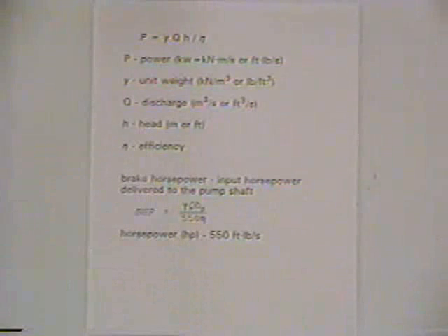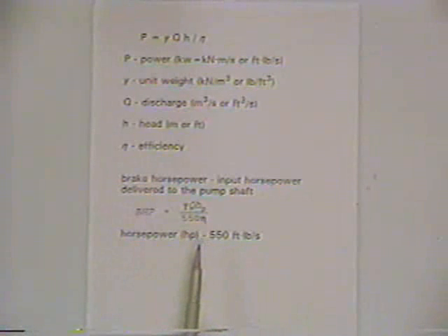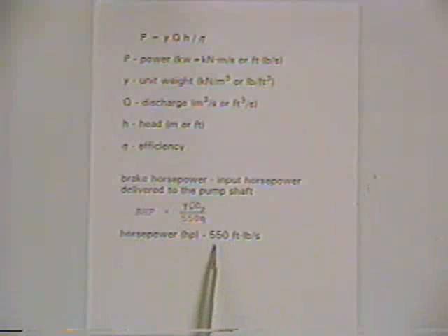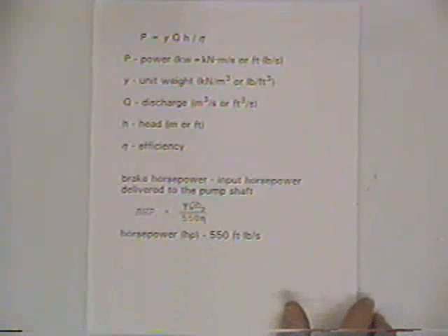We've got the head, the difference in energy head upstream and downstream of the pump in meters, and then an efficiency relating electrical to hydraulic power. In the English system, we add a little oddity in that people like the term horsepower or brake horsepower, and so same equation except you plug in a 550, and the 550 is a conversion factor. It's 550 foot-pounds per second is equal to a horsepower.